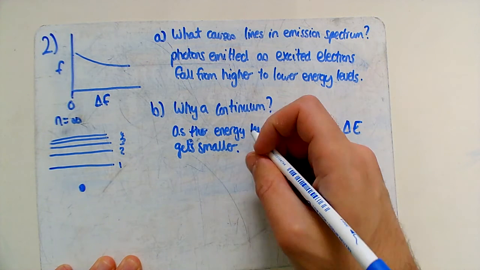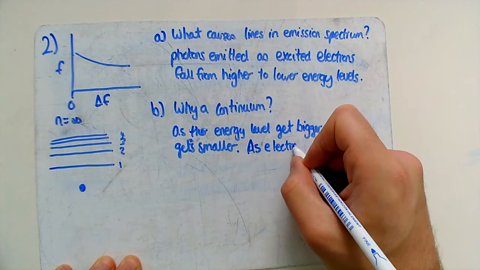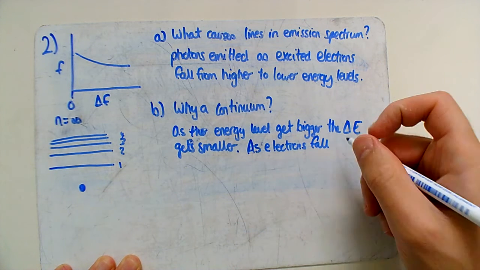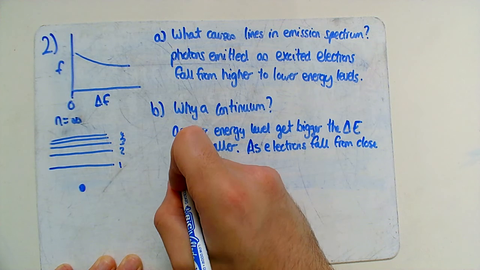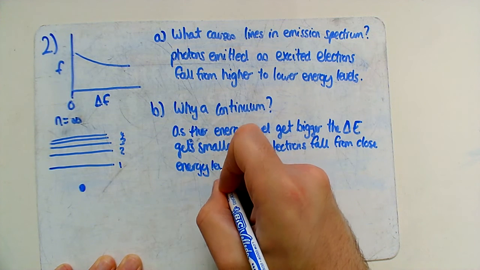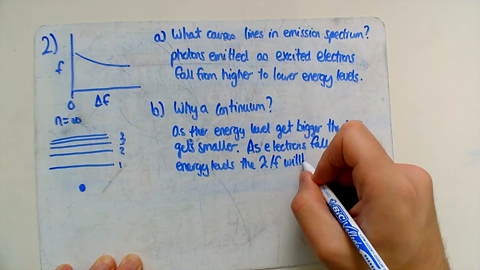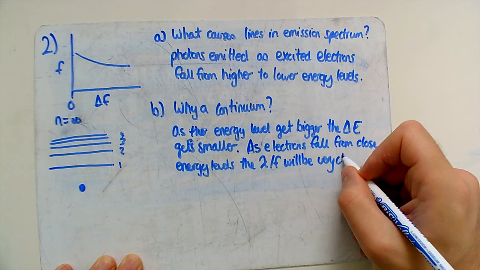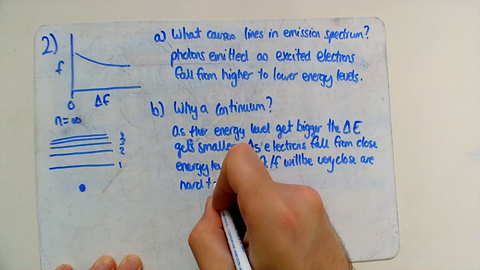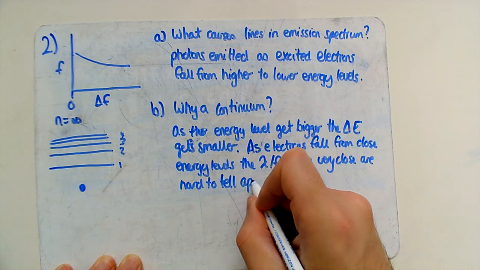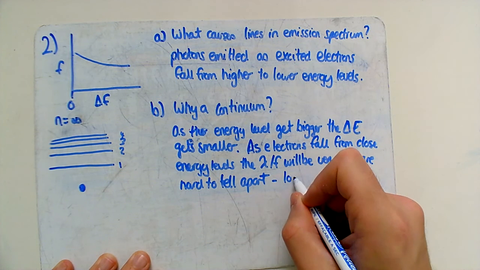And so to relate it to emission, we need to talk about as electrons fall from close energy levels, the wavelength or the frequency will be very close and hard to tell apart. If they're hard to tell apart, they will look like a continuum.